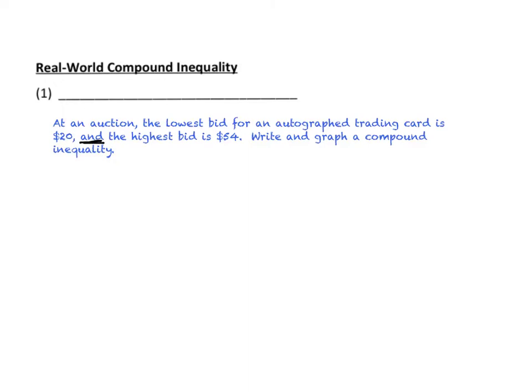So when you write your inequality, the lowest bid is $20, therefore the bids must be greater than or equal to 20. And the highest bid is 54, so it cannot exceed $54.